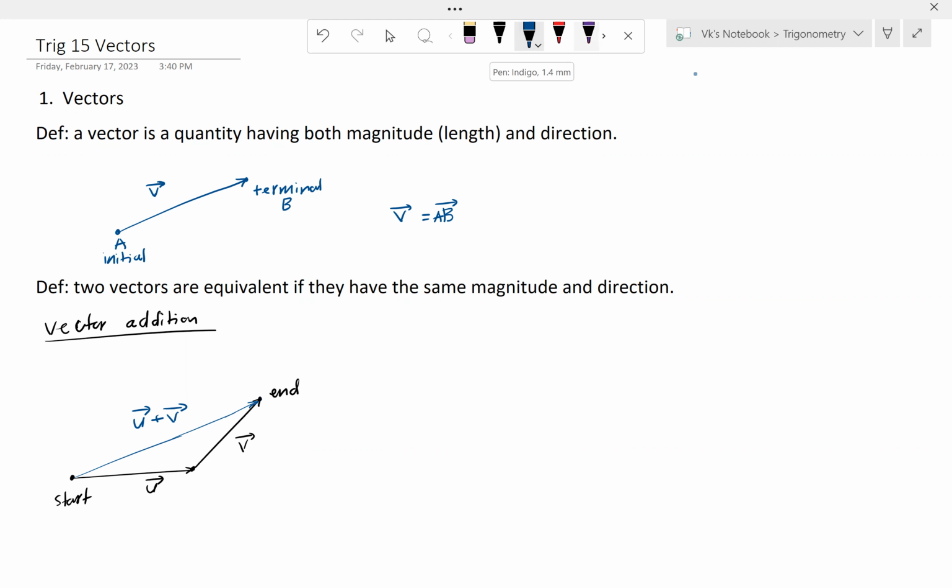Well, we can move the vector u to this side. Equivalent, same magnitude, same direction. And from here, we can also get the vector u plus v using a parallelogram.